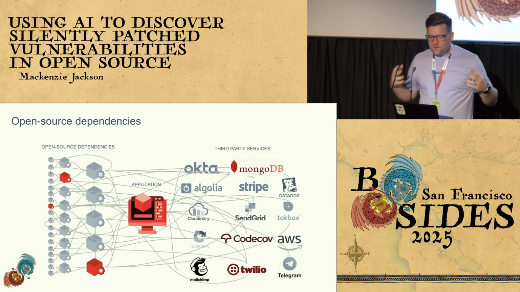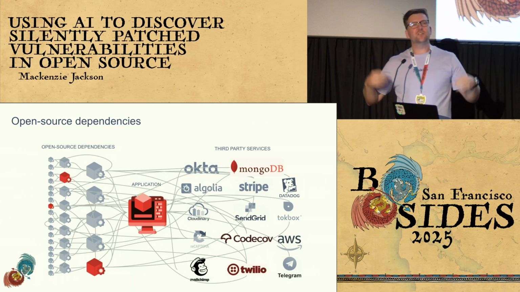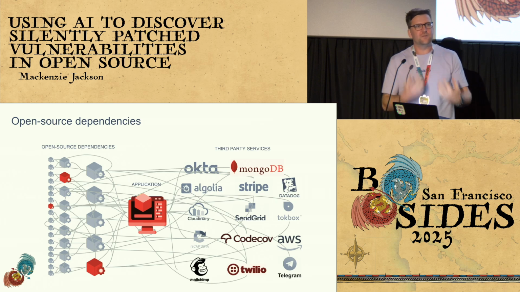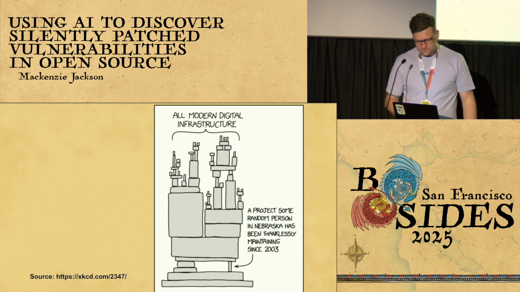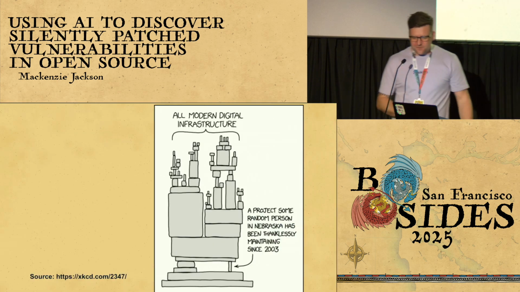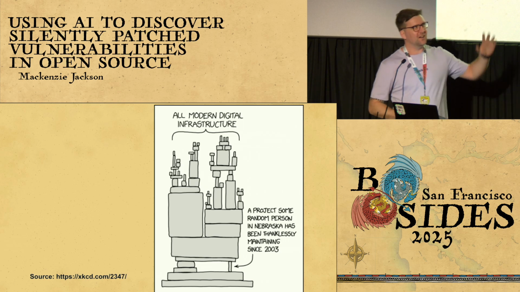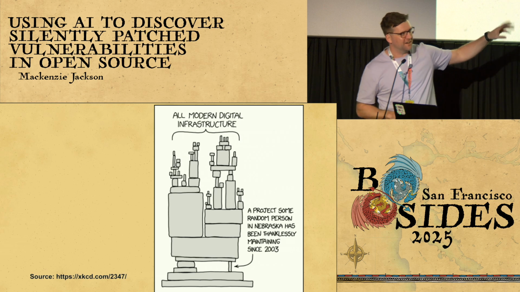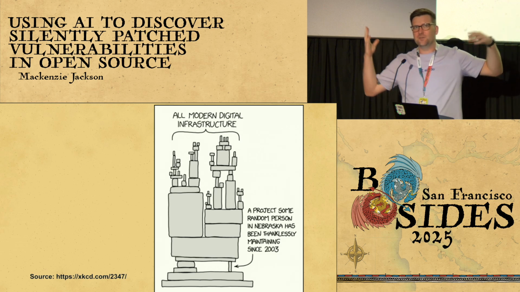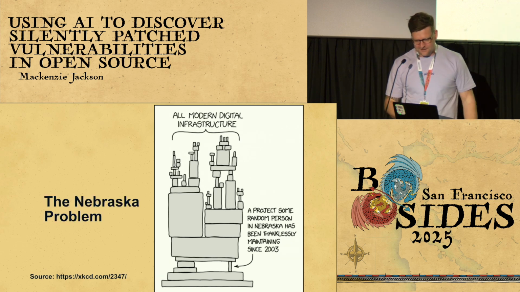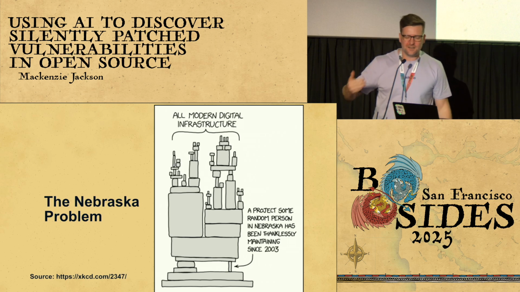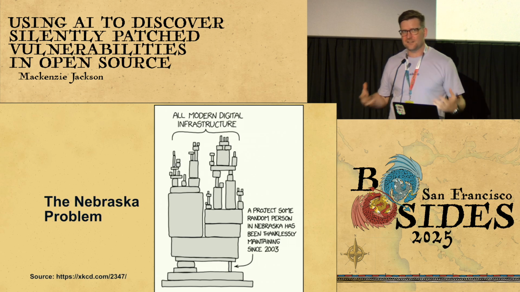So the open source supply chain is really important. It's also very convoluted, very confusing, and hard to understand. Now, there's this meme here. I'm sure everyone's already seen it before. It was very popular. It describes this problem in a nutshell, where everything's stacked on top of some open source project that someone's been maintaining. This meme became so popular that it sparked a term that I love called the Nebraska problem.